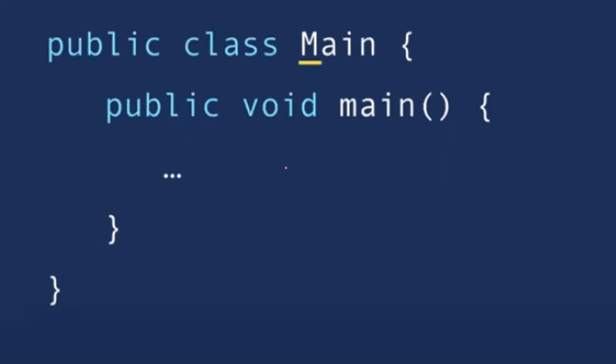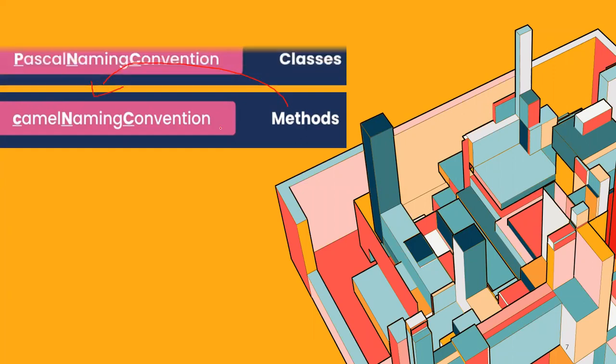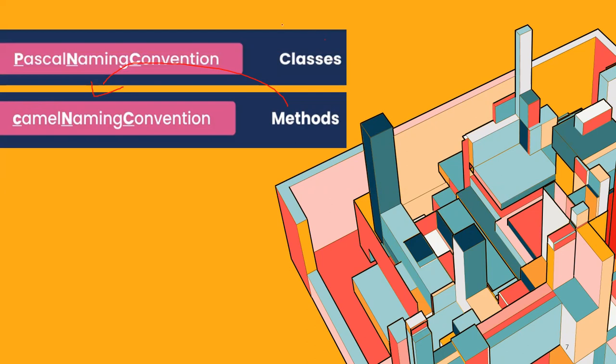One more thing you observe here is that we have a class which has a capital M, and a method which starts with a small m. So what is this basically? This is the naming convention. In methods we use the camel naming convention, and in classes we use the Pascal naming convention.